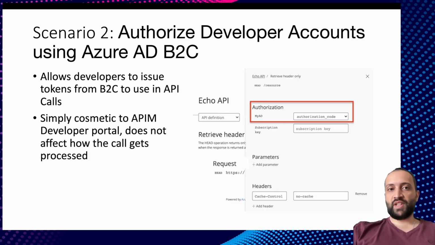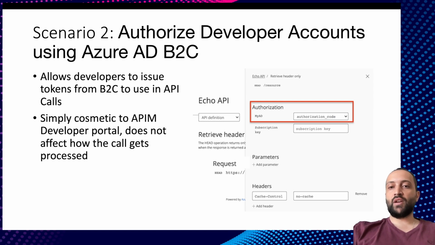Now moving on to the second scenario, it allows you to authorize developer accounts using Azure AD B2C. What that does is it allows developers to issue tokens from B2C to use on the API calls right from within the developer portal. Now, that is also fairly cosmetic. It doesn't do anything to the API gateway itself or how the API call gets processed.